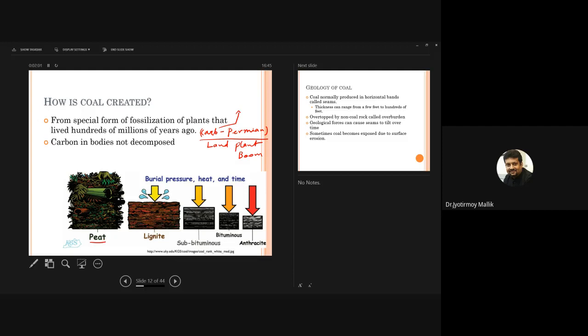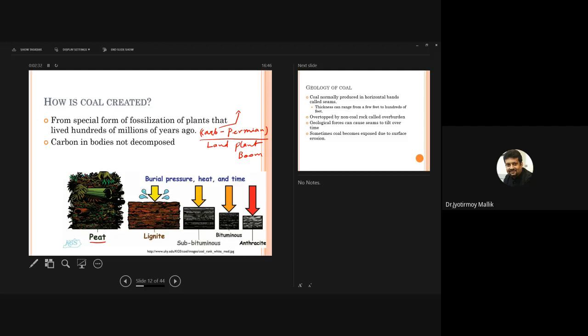Maybe 50 or 60 years if you keep some land plants down below your soil, it forms a little bit of peat substance. Okay, and then from peat with increasing pressure, temperature, heat, and time, of course, it formed lignite. From lignite, it created subbituminous and bituminous coal, and then anthracite.